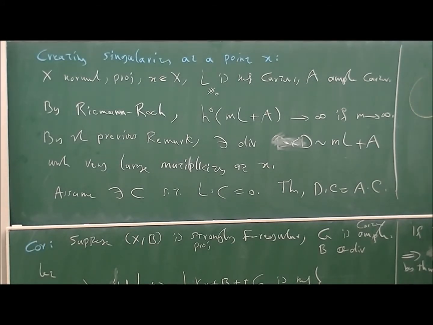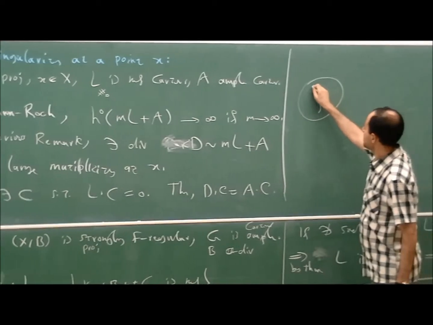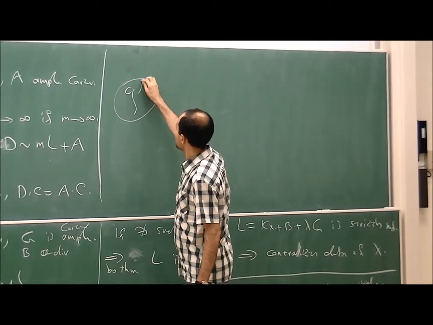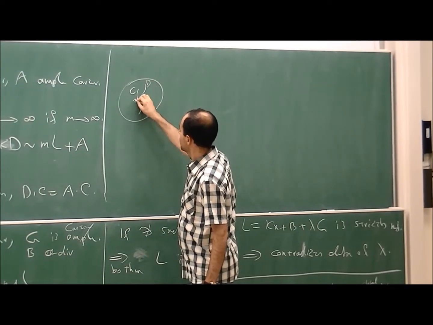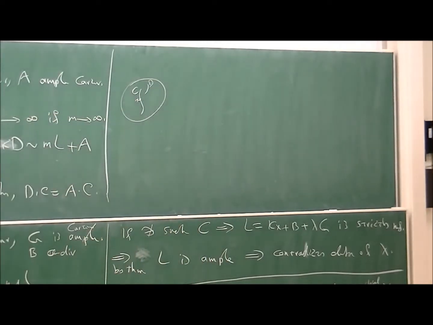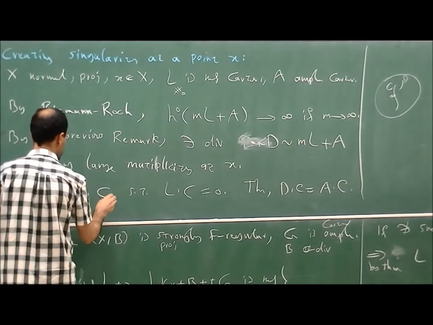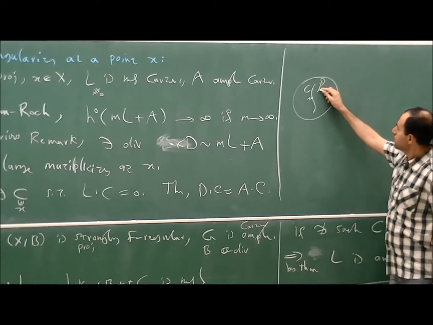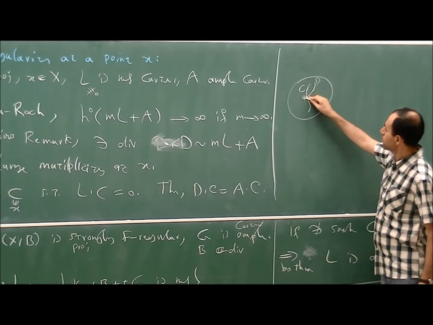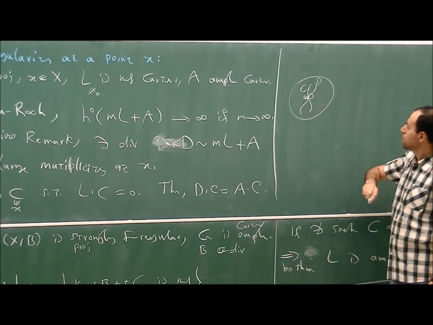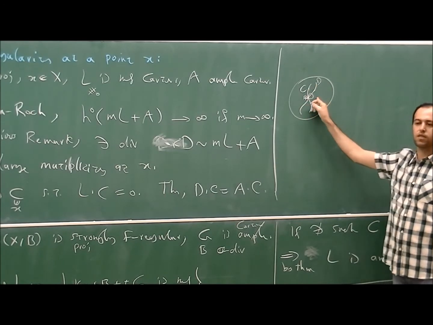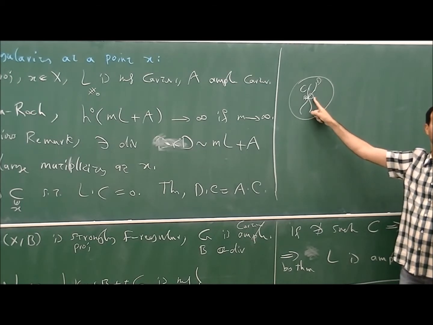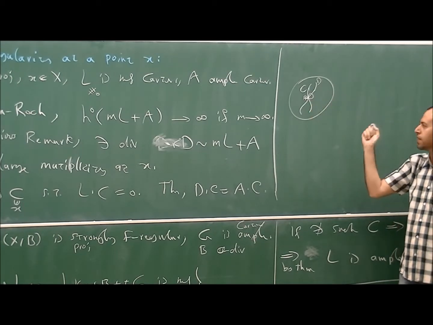Maybe I just draw the picture here. Suppose that this is C and we are looking at the divisor. This is D, this is the point. Let's also assume that X is inside this curve. So the point X is the point on the curve, and then you have a divisor with very large multiplicity here. But if you have a curve, and if you have a divisor which does not contain the curve, and it has very large multiplicity, the intersection number should be very large.